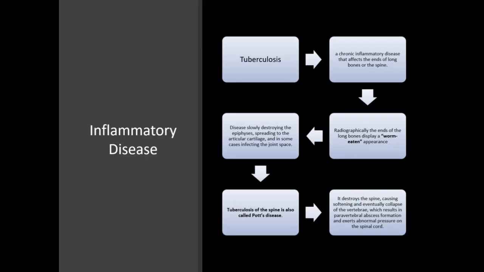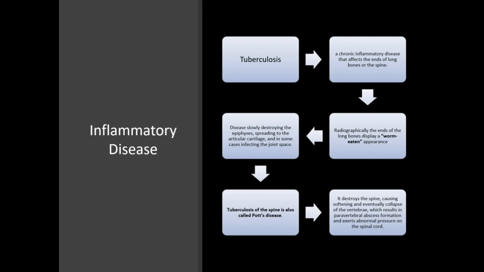Tuberculosis. Okay, so we can get tuberculosis in the skeletal system. It's a chronic inflammatory disease that affects the ends of long bones and the spine. Radiographically, the ends of the bones display a worm-eaten appearance. The disease slowly destroys the epiphysis, spreading to articular cartilage and in some cases infecting the joint space.